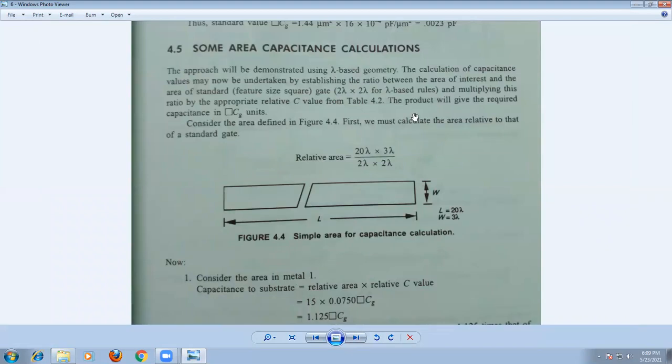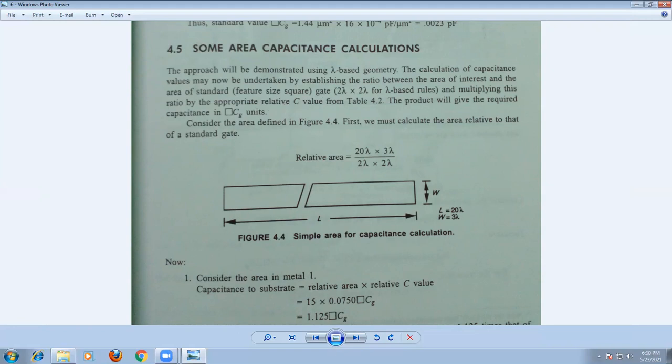Remember, whenever you use this relative value, you get the result directly in terms of square Cz. So the capacitance value is the relative area multiplied by the relative value of the C.